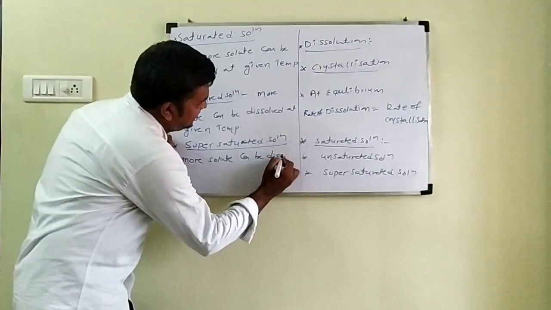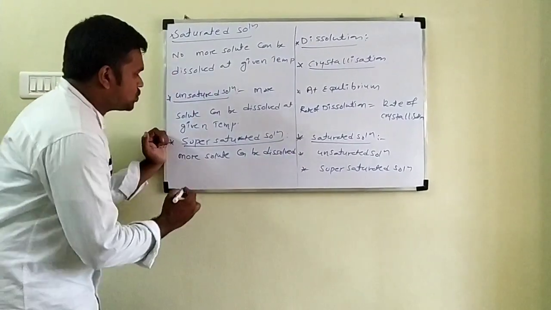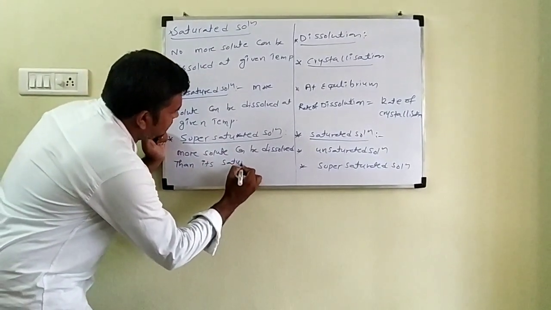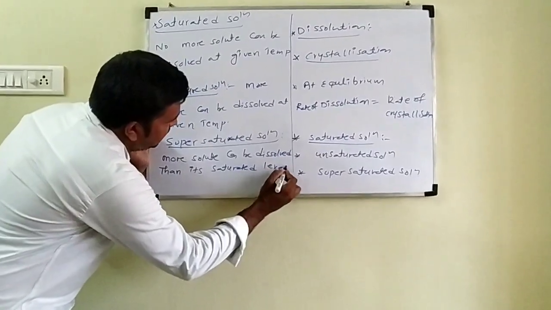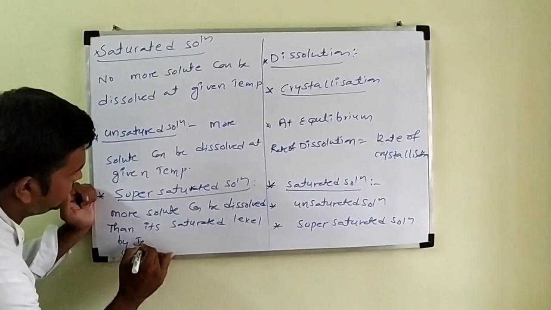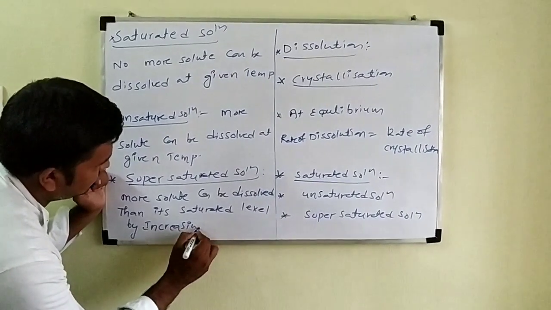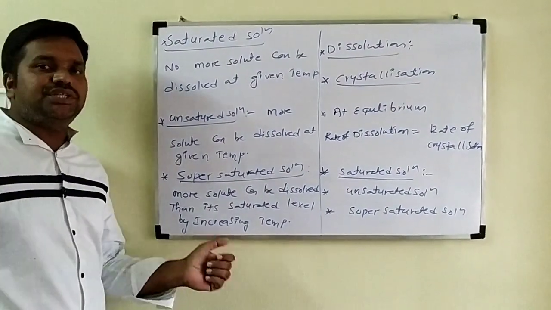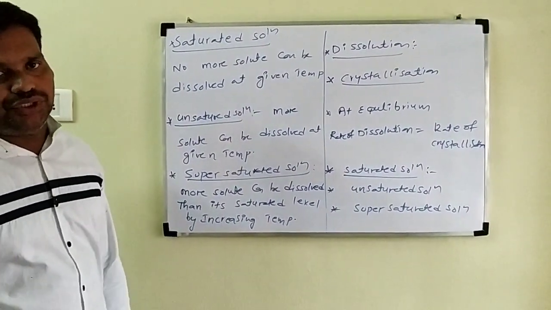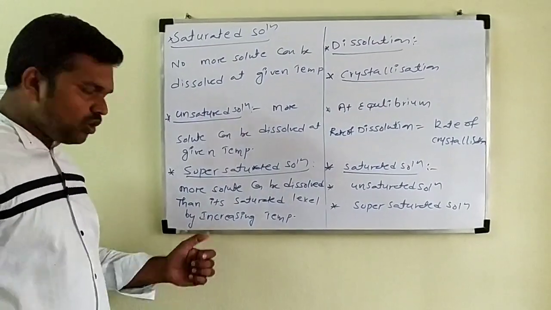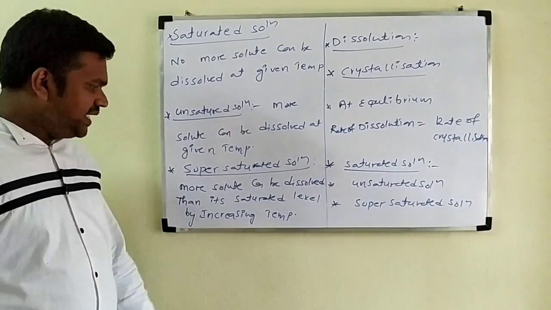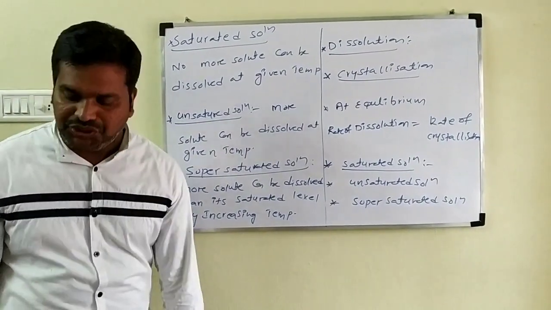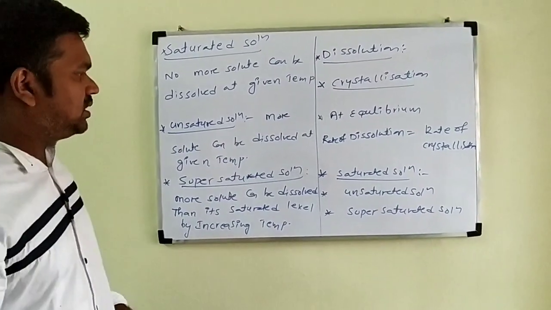More solute can be dissolved than its saturated level by increasing temperature. This is the definition of super saturated solution. More solute can be dissolved than its saturated level by increasing temperature is called as a super saturated solution.